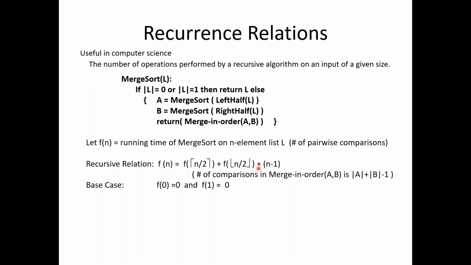In addition, however many comparisons were performed in this call and in this call, which is expressed here and here, you also had comparisons at the end. But as I was arguing, the number of comparisons here is linear. It's just n. Technically, it's n minus 1. But again, that's noise.